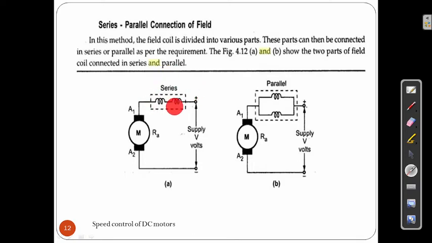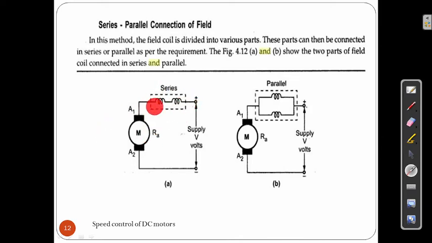Because of this divided coil, when we give the supply, we will have some voltage drop here as well as some voltage drop over here. From this we will rotate the motor, and we will control it.